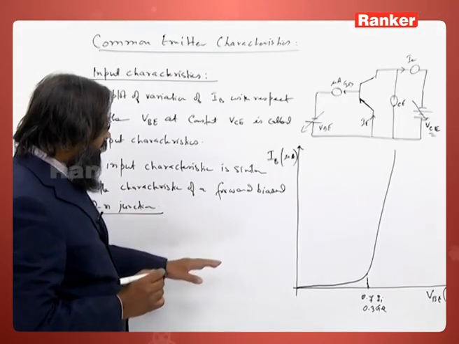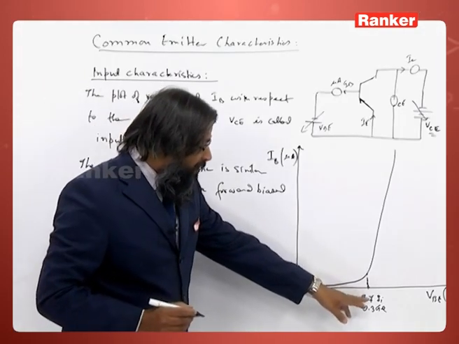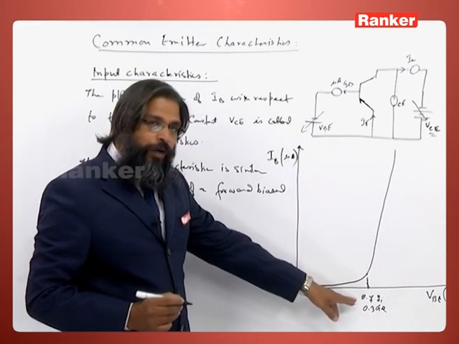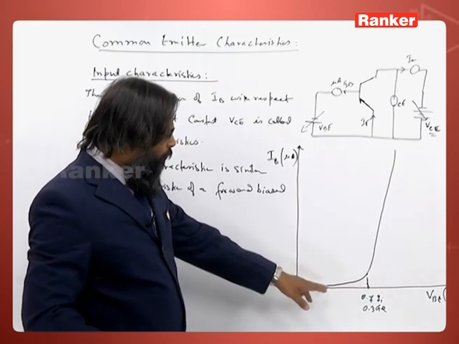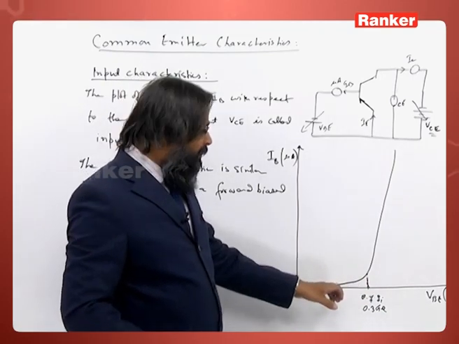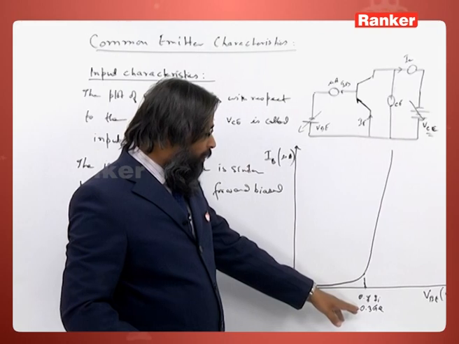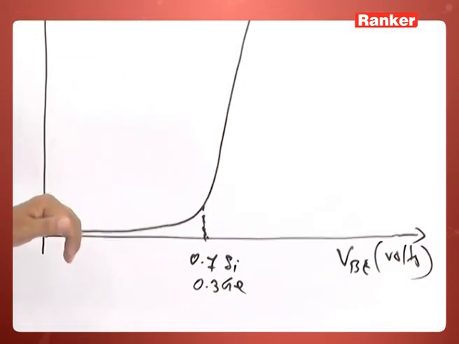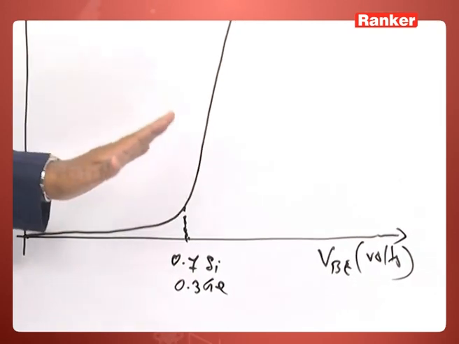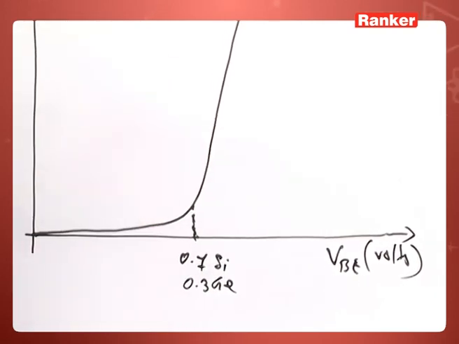So, you see here, 0.7 is for silicon, the potential barrier for the forward biased silicon crystal is 0.7, and for germanium it is 0.3. Till that condition is reached, till the barrier is reduced, the current flow does not take place.